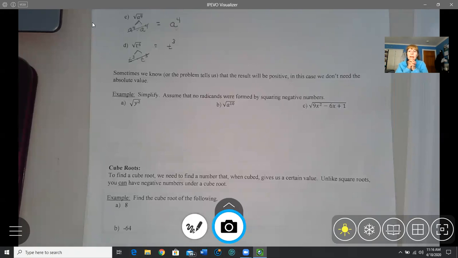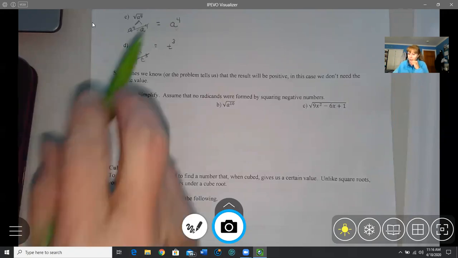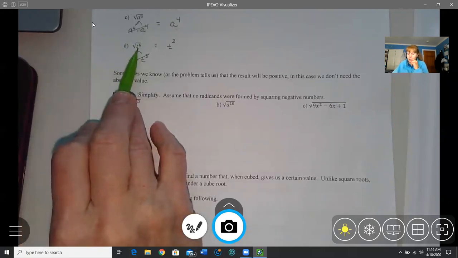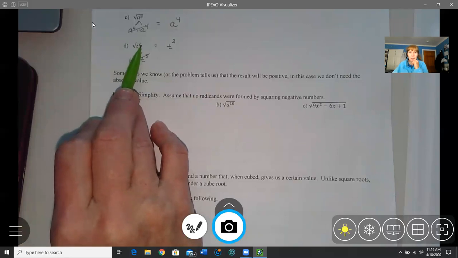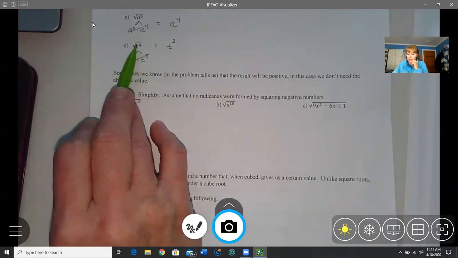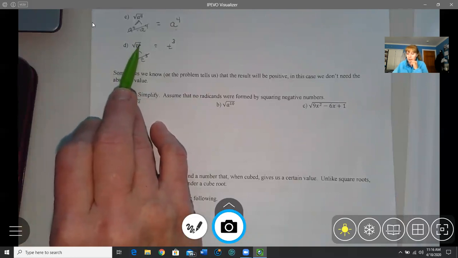Now, do I need absolute values? Well, t to the 3rd, if t happened to be a negative number that I was going to put in, and you could put a negative number into here, it'll become positive when you take it to the 6th power. So it would be positive, even though you're substituting in a negative, because a negative to an even power is always positive, so we can find the square root.